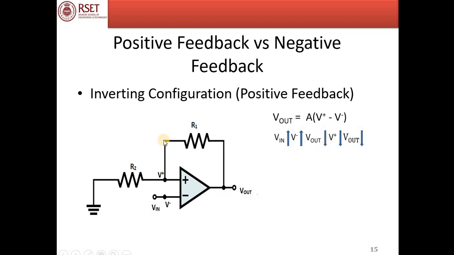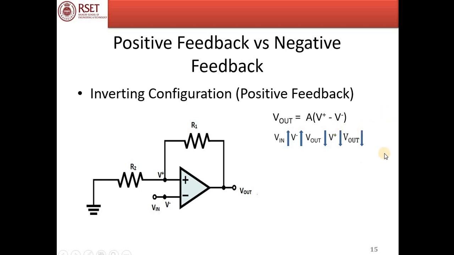A part of V output is being fed back to the non-inverting terminal and that contributes to V plus. So when V output decreases, V plus also decreases. And again from this equation for V output, we can say that when V plus decreases, V output further decreases. That is, when V input increases, V output goes on decreasing till it reaches minus Vsat value.